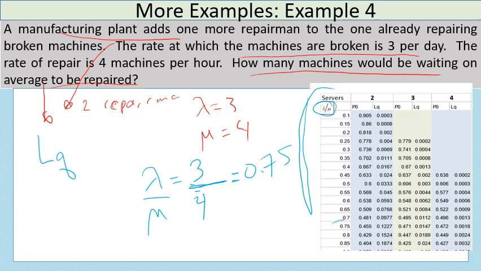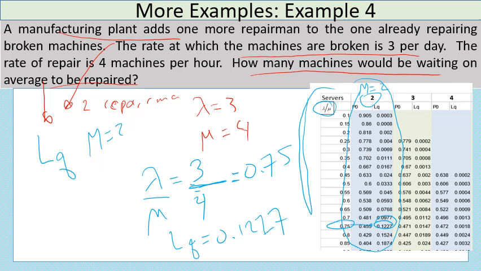We look at 0.75, and M is equal to 2, so we're looking at this column. The corresponding LQ is 0.1227. So there are 0.1227 machines waiting to be repaired at any time in this manufacturing plant.